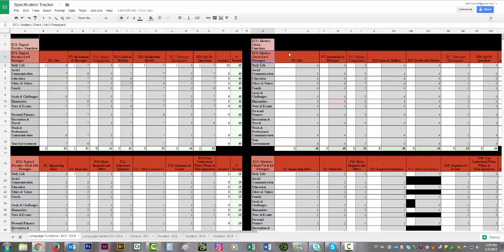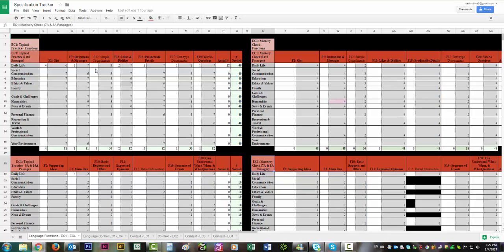Over here in the mastery check, the first 6 passages of the quiz, in other words, is going to be at the EC1 level. But the 2 remaining passages, and there's 8 in total, are going to be at the EC2 level, even though this again is all just at the EC1 level.